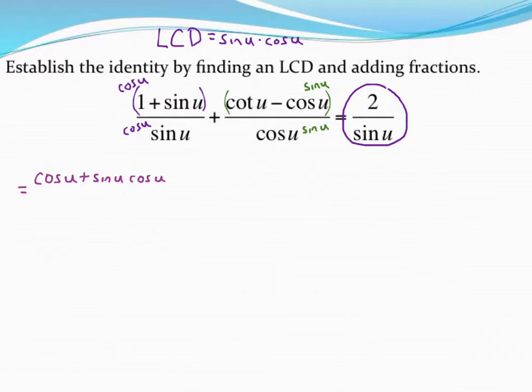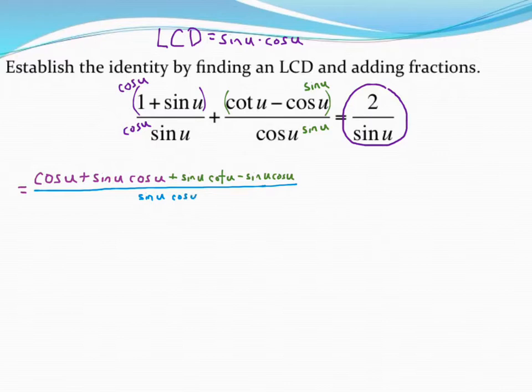When I distribute sine of u to that second parentheses, I will have plus a sine of u times a cotangent of u, and then finally a negative sine u cosine u. Those pieces like the sine u cosine u could be in either order since they're just being multiplied together. All of that big mess is over my common denominator. I'm going to add those two fractions together, and that common denominator stays the same, which is just sine of u times cosine of u.